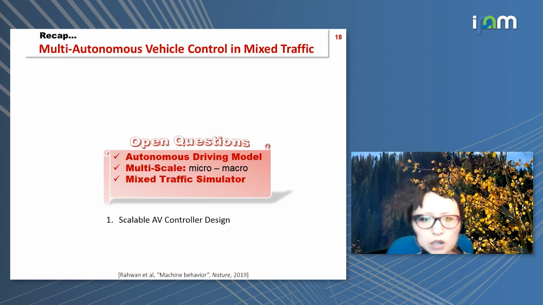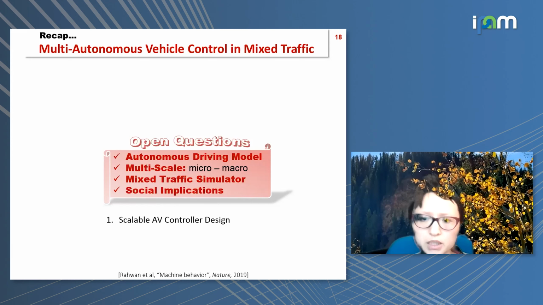And then, how do we build a mixed traffic simulator? As I mentioned, we may not have a lot of data to train those driving policies. So can we utilize some open data that is published for different purposes for our driving policy training? And also the social implications.